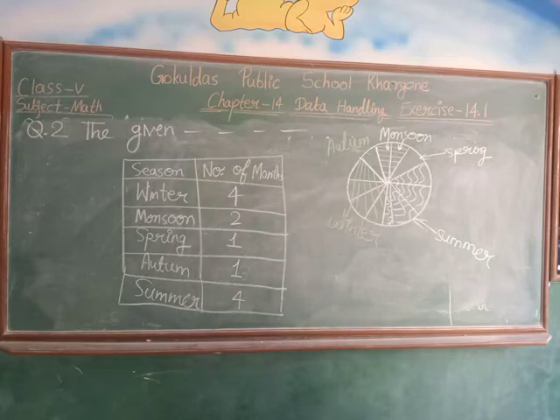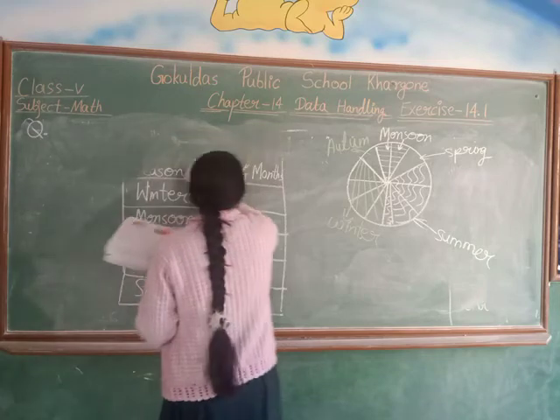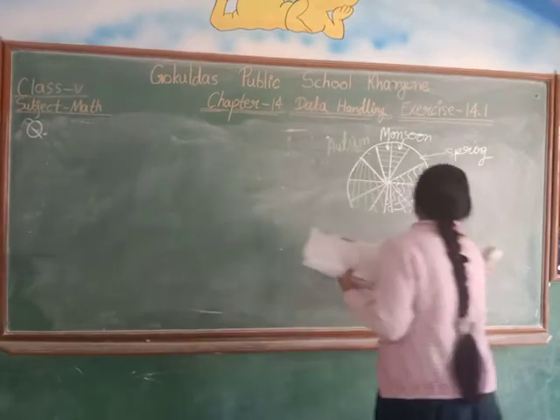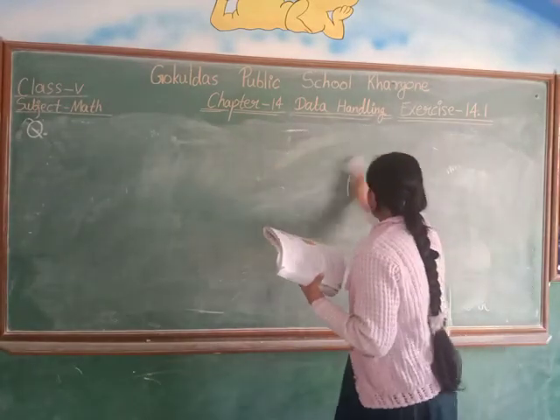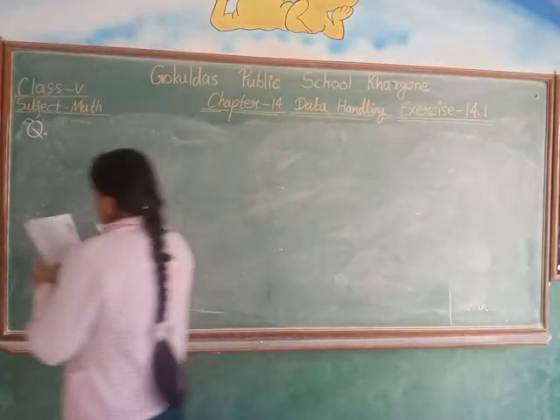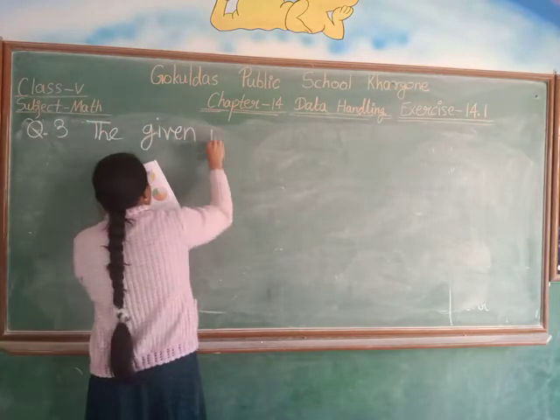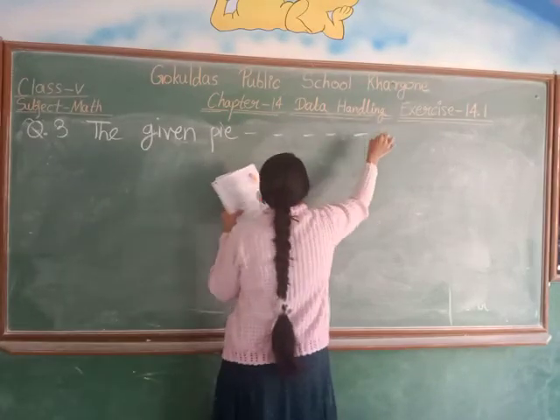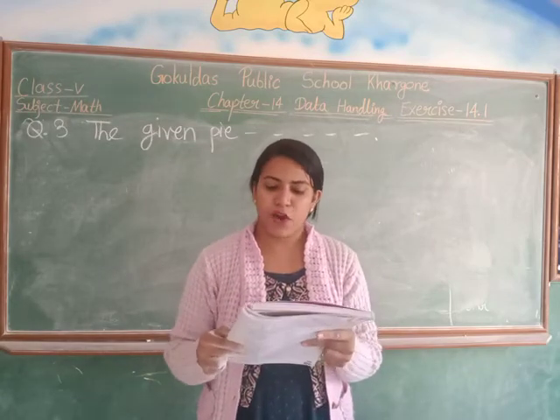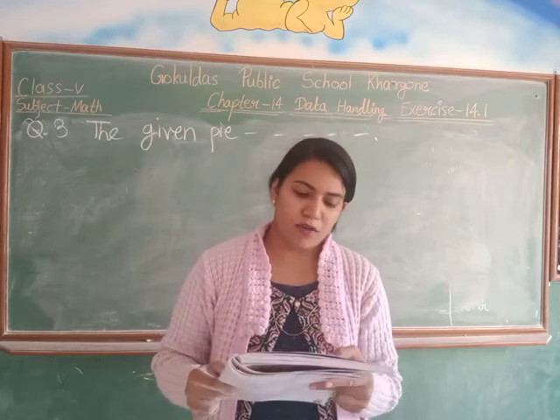Now the last question of the exercise, that is question number 3. Question number 3: The given pie chart shows the number of tourists from various countries who have visited India in the year 2015.